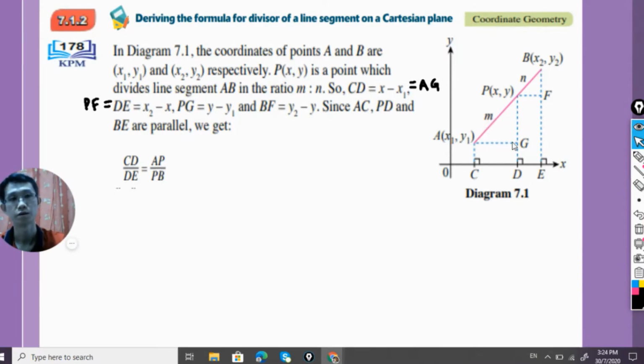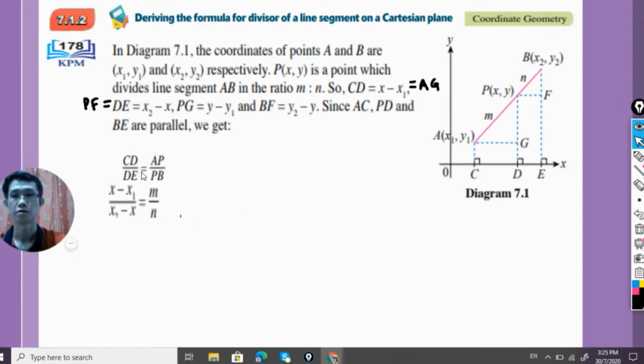The ratio of the two corresponding pair of sides in the similar triangles, for example AG over PF, should always be proportional to the ratio of the other pair of sides in the similar triangles, AP over PB.